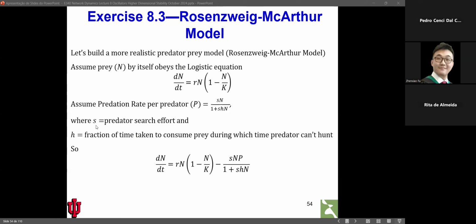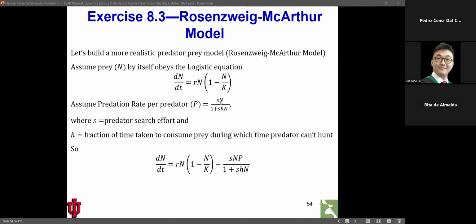So S is the search effort, so the predator makes an effort, and that sets the probability that each predator is going to take one prey.